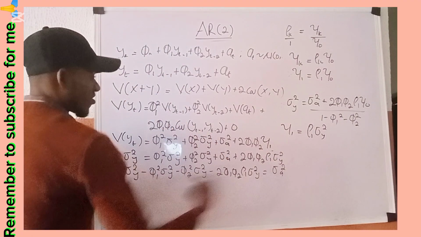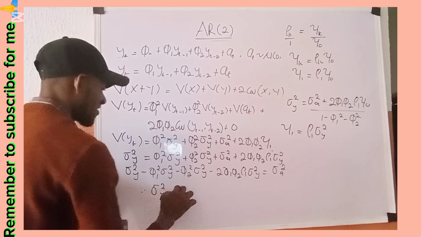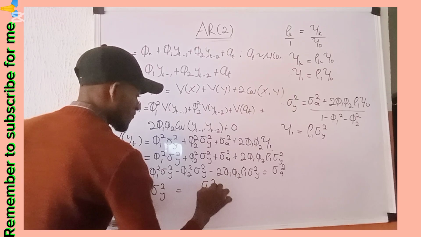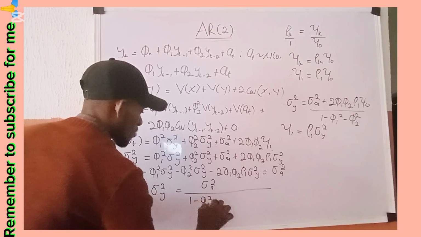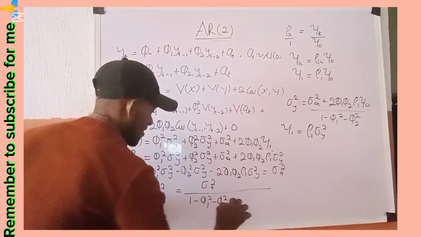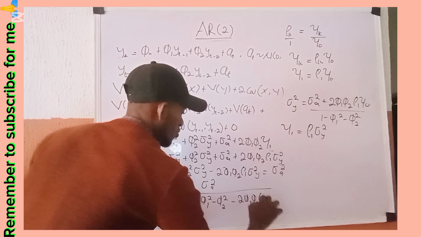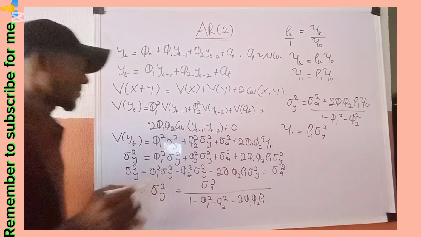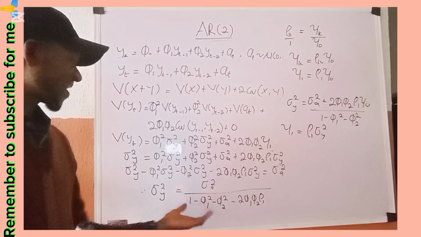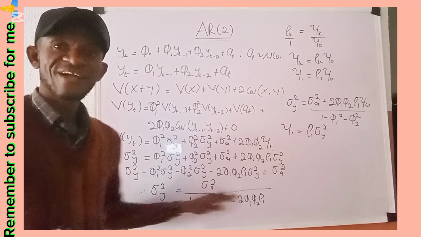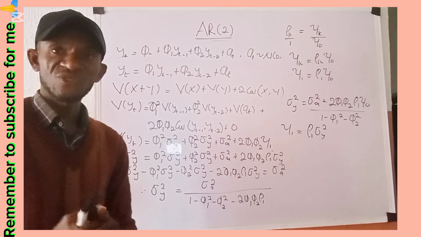And factoring out sigma squared of y, sigma squared of y is given as sigma squared of a all over 1 minus phi 1 all squared minus phi 2 all squared minus 2 phi 1 phi 2 rho 1. Then you have this. So somebody can equally ask you to show that the variance of an AR of order 2 model can be given as this.